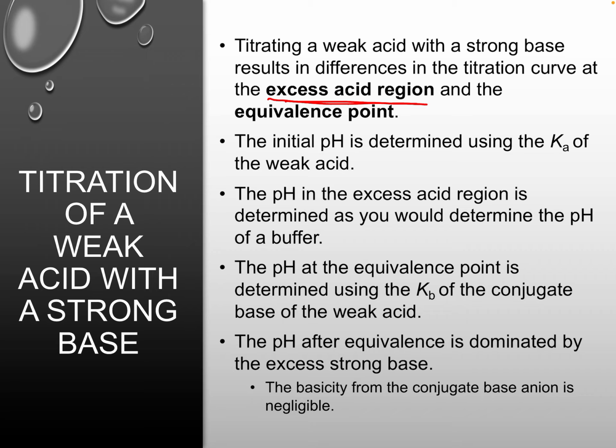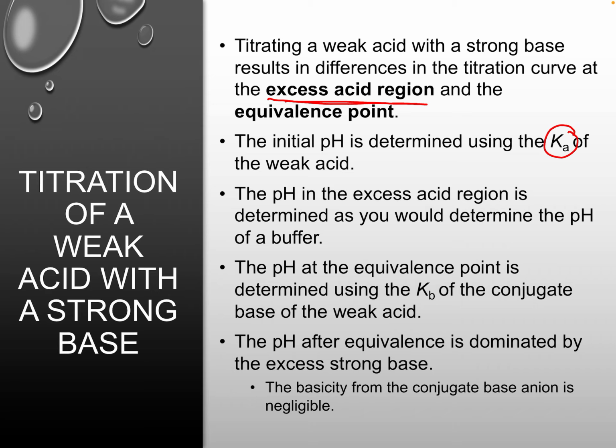When we are looking at a weak acid, the weak acid does not dissociate completely. It undergoes an equilibrium with water, and we know how to calculate the pH from that. We've been working on that for quite some time. So you'll need to use the Ka and figure out the concentration of the hydronium ion and then calculate the pH from there.